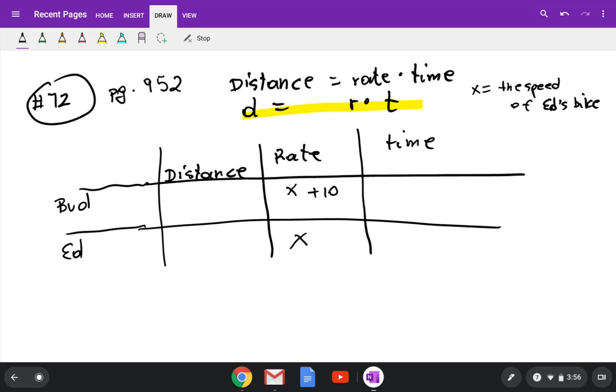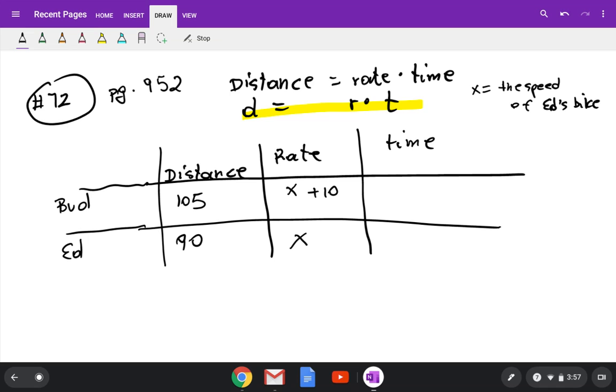If Bud travels 105 miles, that's a distance, in the same amount of time that Ed travels 90 miles, what are the rates of the two bikers?